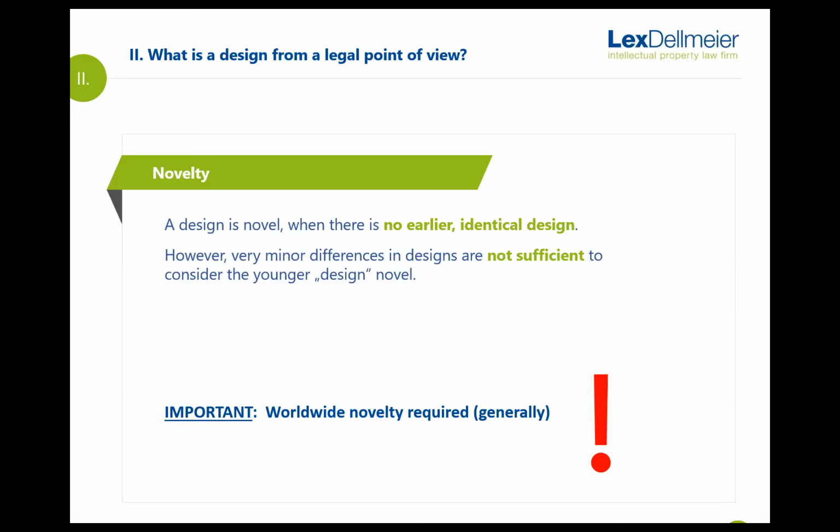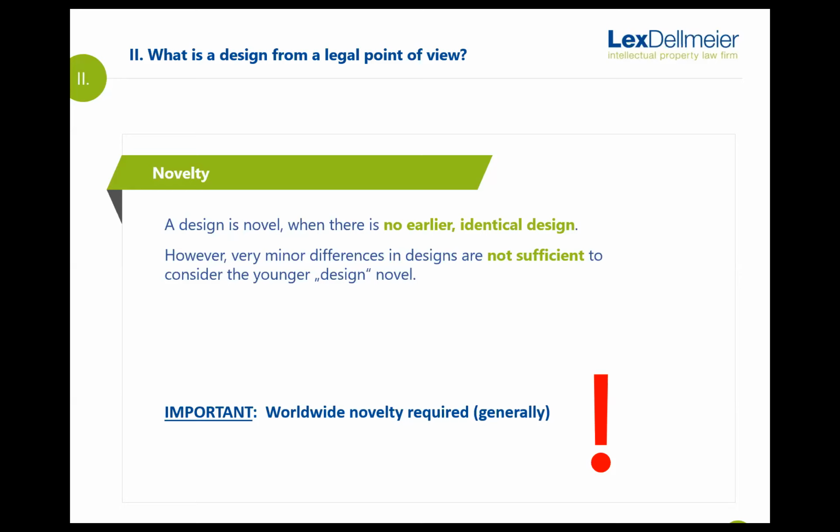And then if you reapply for the design, the facelifting, this is not a new design. It is not sufficient because the features are not much different from the original design. This is just an example, to see that minor differences do not fulfill novelty.